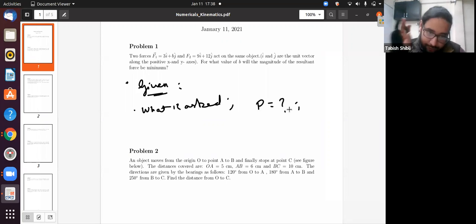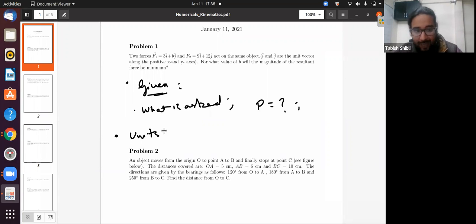And then once you know what is given, once you know what is asked for, then try to build connections. Whenever you're trying to build connections, there are many things to remember. First thing to remember is units. Any question that is asked, check the units.